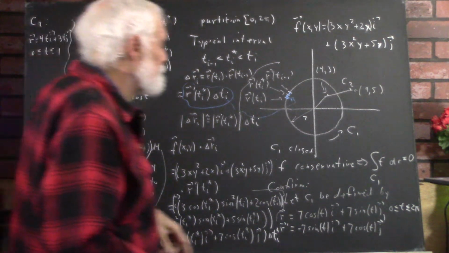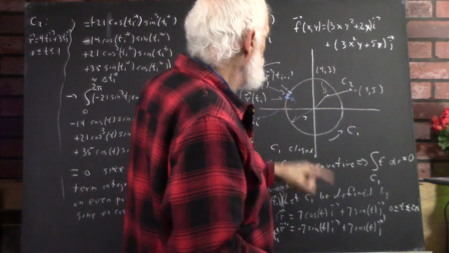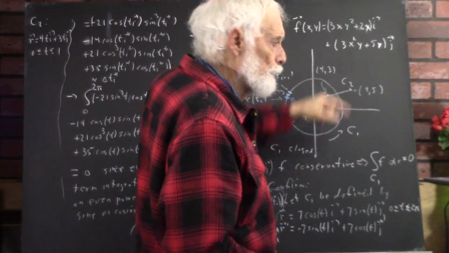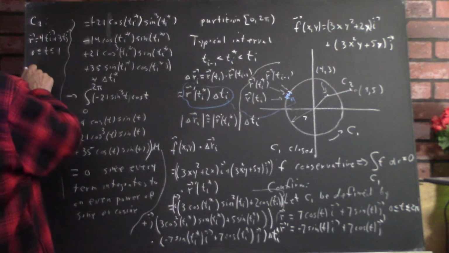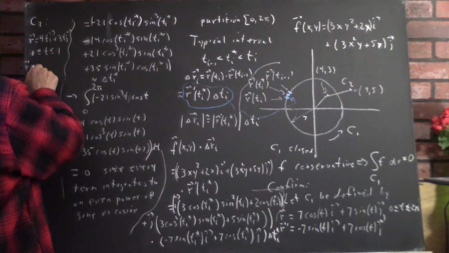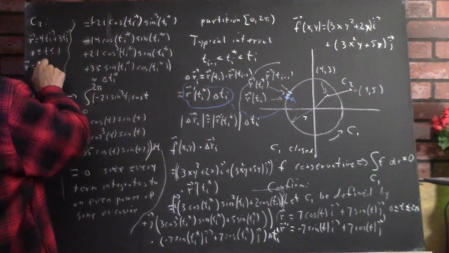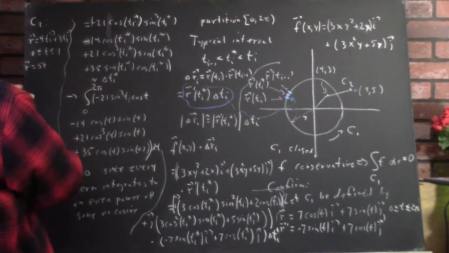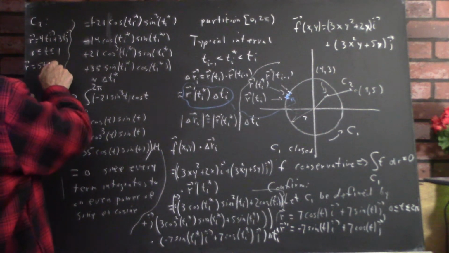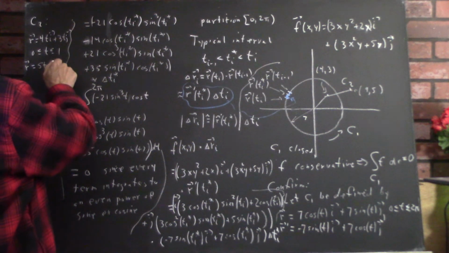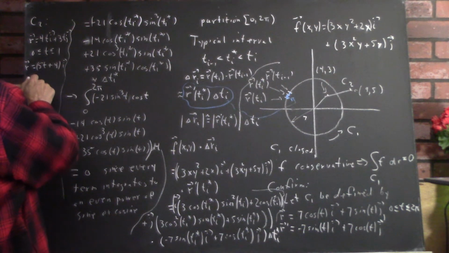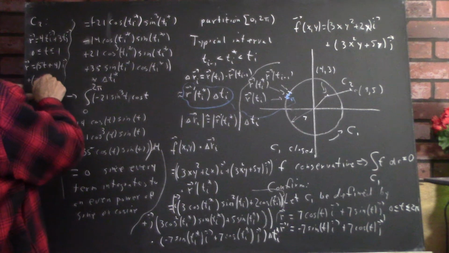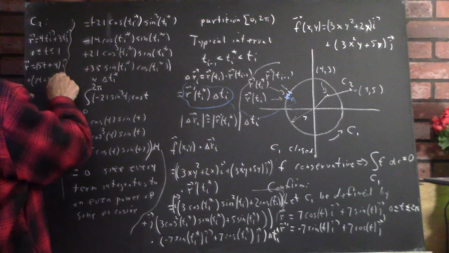And then a vector from here to here is going to be 5i plus 2j. So R is going to be 5t plus 4i plus 2t plus 3j.